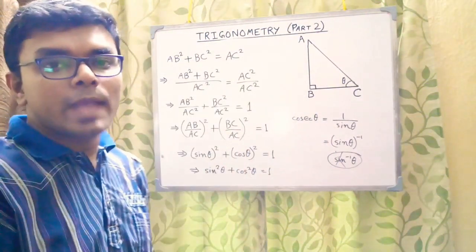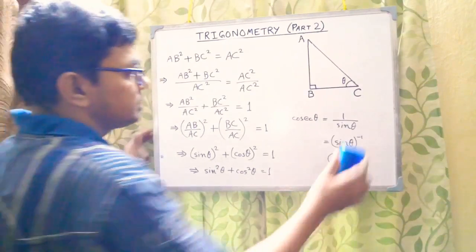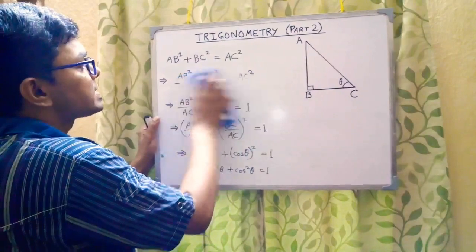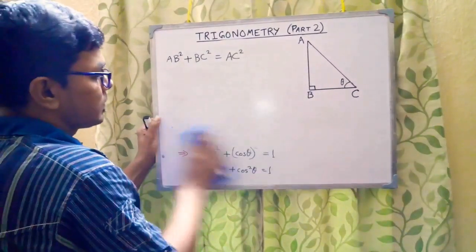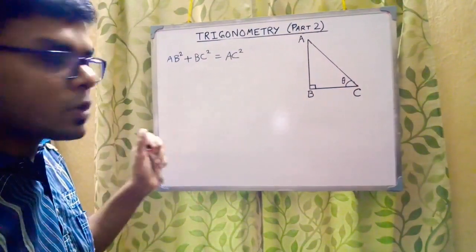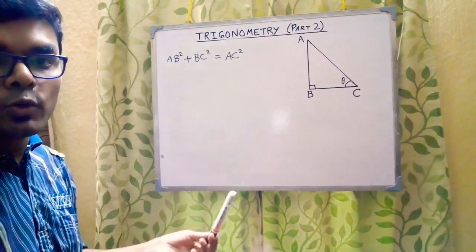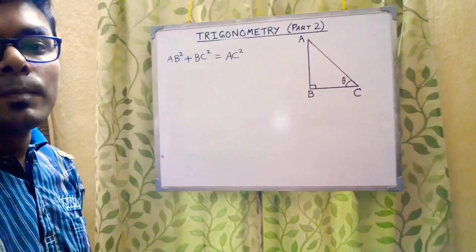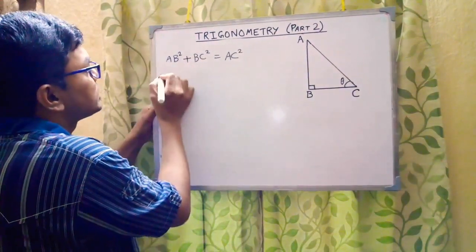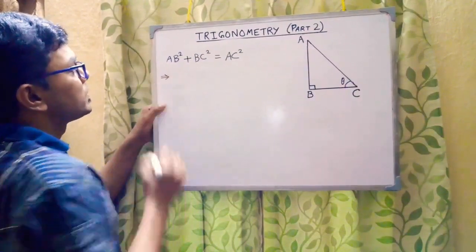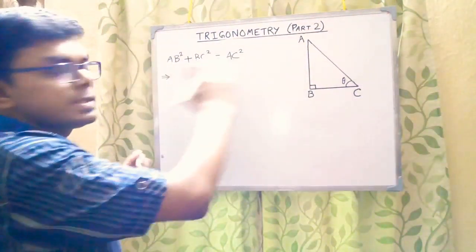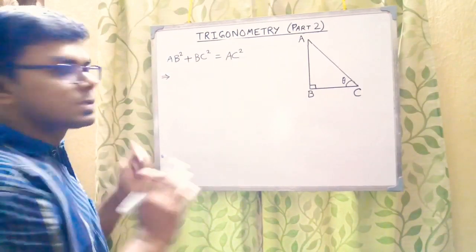We will move on to another identity now. Now I again start with the same identity of Pythagoras theorem. Previously I divided this entire identity by AC square.